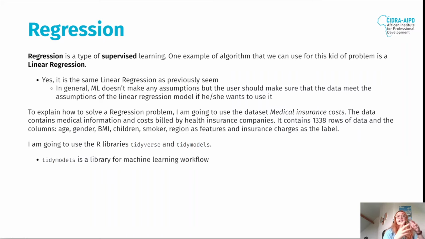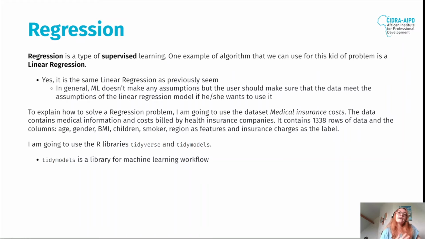Yes, it is the same linear regression that you've previously seen in other modules. In general, ML doesn't make any assumptions, but the user should make sure that the data meet the assumptions of the linear regression model if they want to use it.